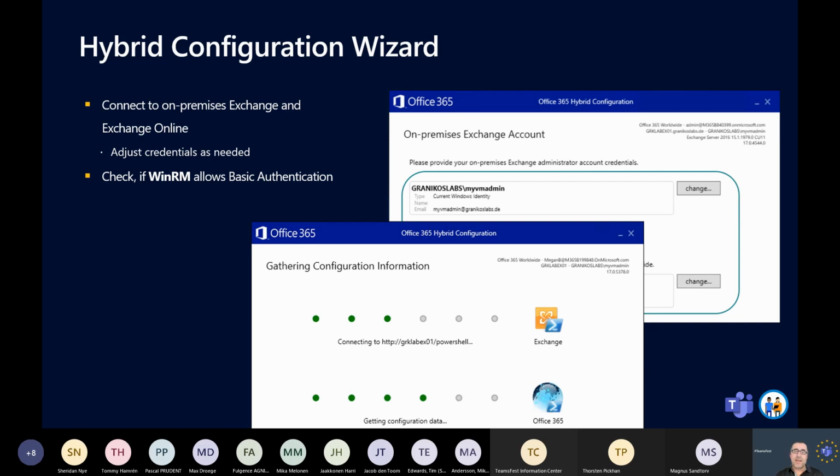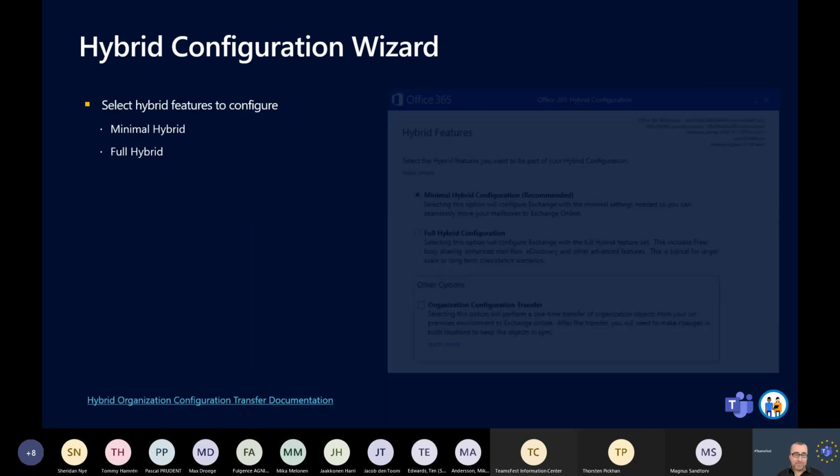In this case, the gathering of the configuration information will fail. So with this run through, if you can successfully gather the information for both environments, you're in pretty good shape that even the configuration will then work as expected. But this is one of the issues that I've seen very often.